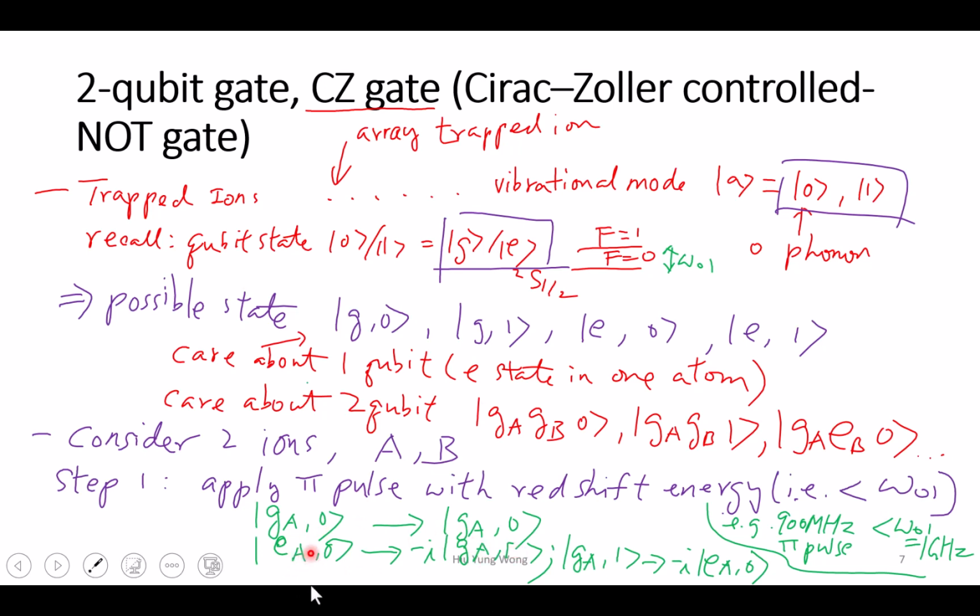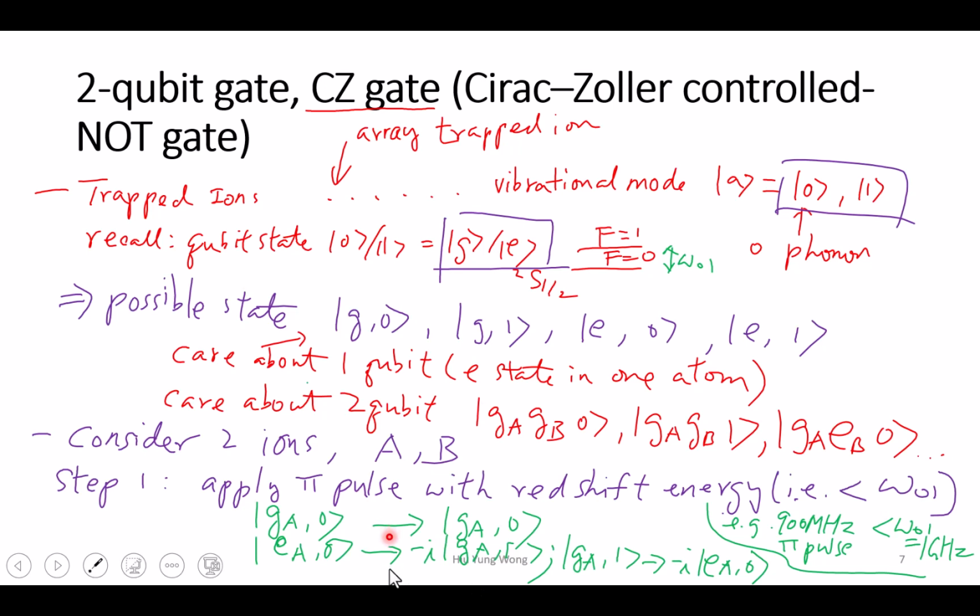Because A was in excited state, you generate 1 phonon after the first pulse. If your A was at ground state, after the first pulse, you still did not generate any phonon. It is still 0. It's only when you were excited that you generate 1 phonon after the first pulse.